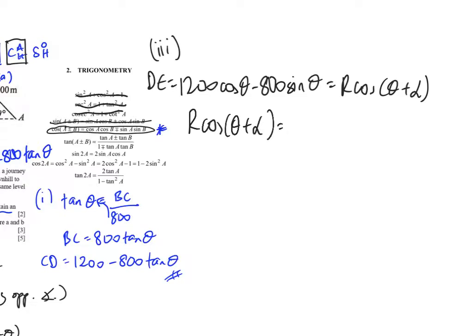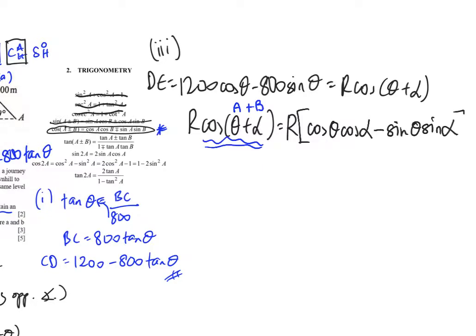So let's split it out. The R is just left outside, and what you have to split out is your cosine theta plus alpha. So theta becomes your A and alpha becomes your B. So R, put a big bracket here, cosine A plus B is equal to cosine A cosine B minus sine A sine B. Okay, why minus?